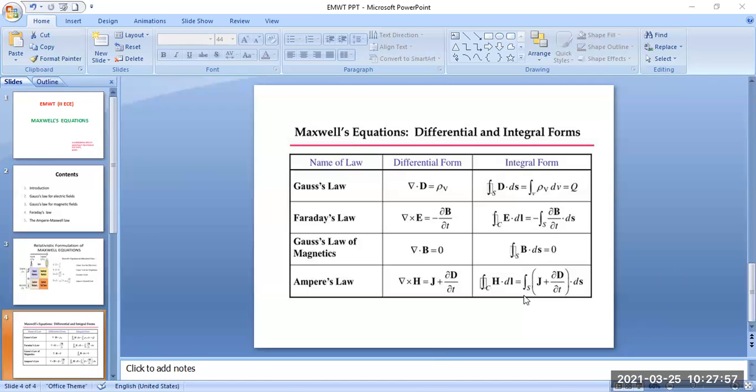So sigma is the lowest value, and omega epsilon is the highest value for a good dielectric. For a good conductor, sigma has the highest value and omega epsilon the lowest. Based on these conditions, we can apply them to the Maxwell's equations, and we get the Maxwell's equations for good dielectrics.